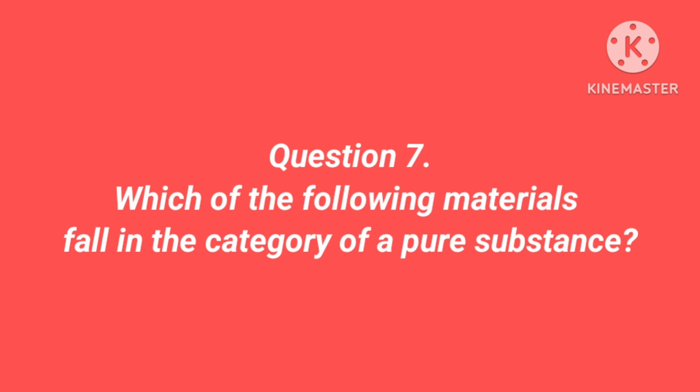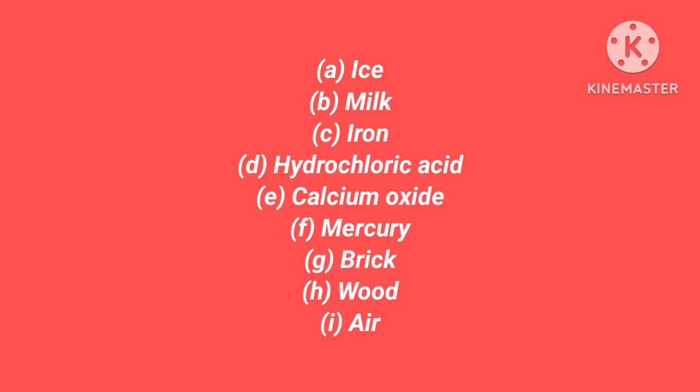Which of the following materials fall in the category of pure substance? In the question, they have given some substances. You have to categorize whether each is pure or not.